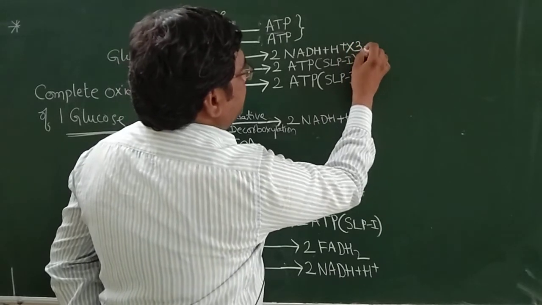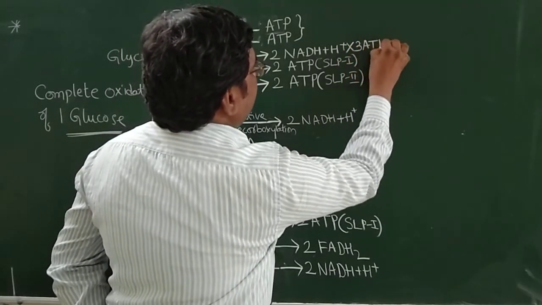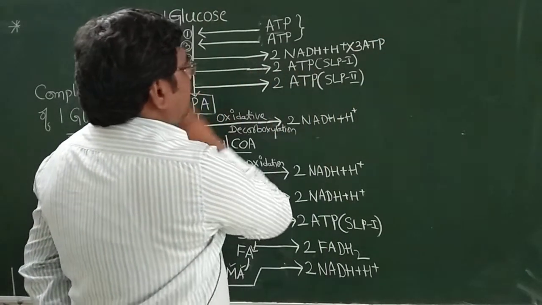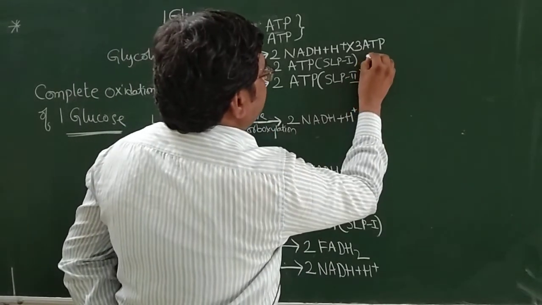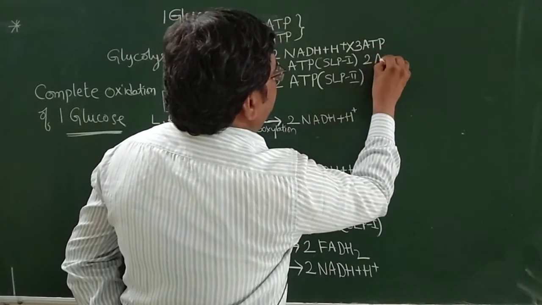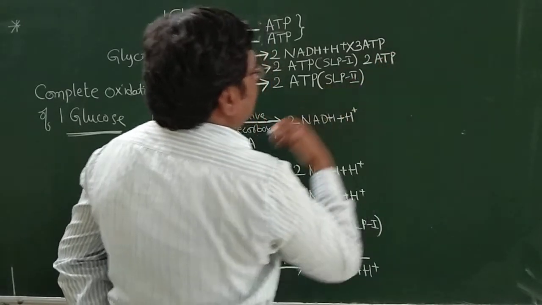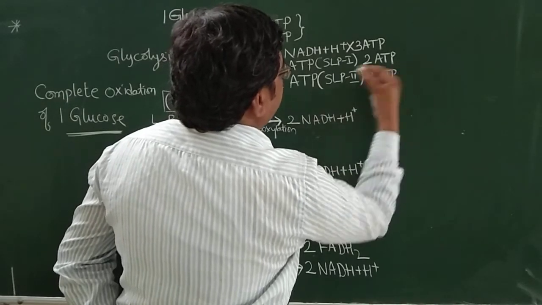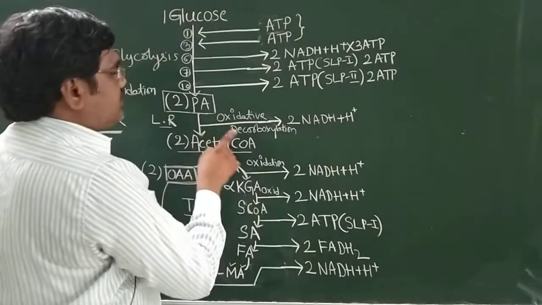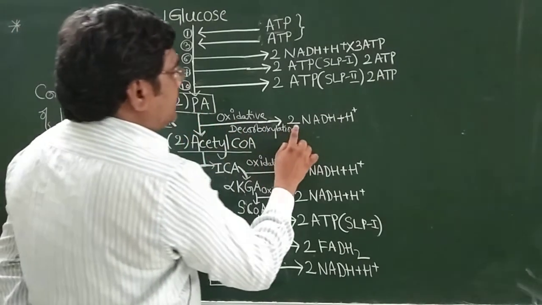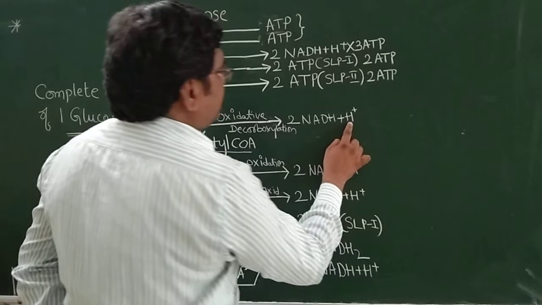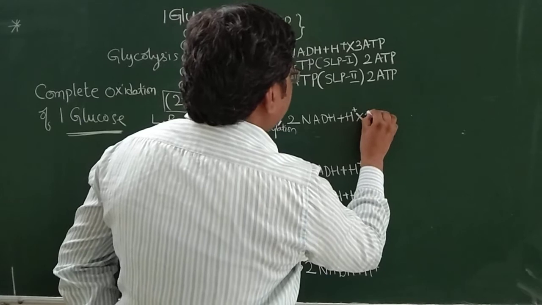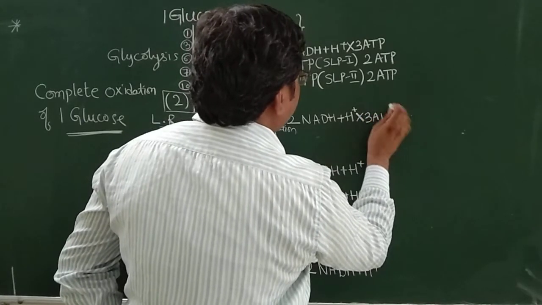Here 2 ATPs are produced during the glycolysis reaction, directly produced, and here also 2 ATPs are directly produced. Then in the oxidative decarboxylation of pyruvic acid, 2 NADH plus H plus are produced, and 1 NADH is equal to 3 ATPs.